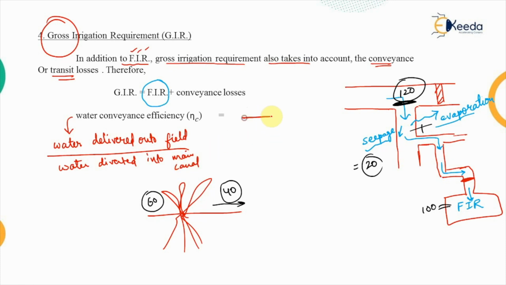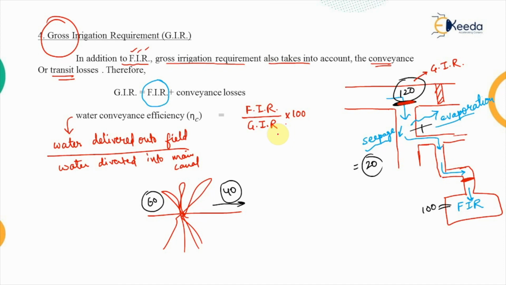The water which was delivered onto the field is known as the field irrigation requirement, and the water which was diverted into the main canal is the gross irrigation requirement. So this FIR divided by GIR gives us the value of the water conveyance efficiency, and if we multiply this value by 100, it will be obtained in percentage.